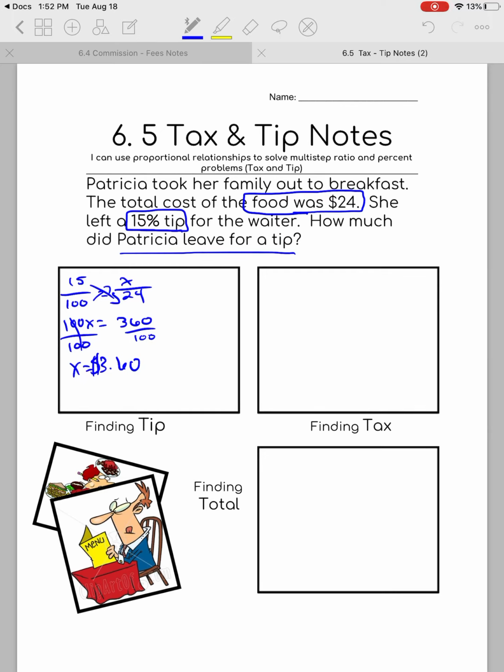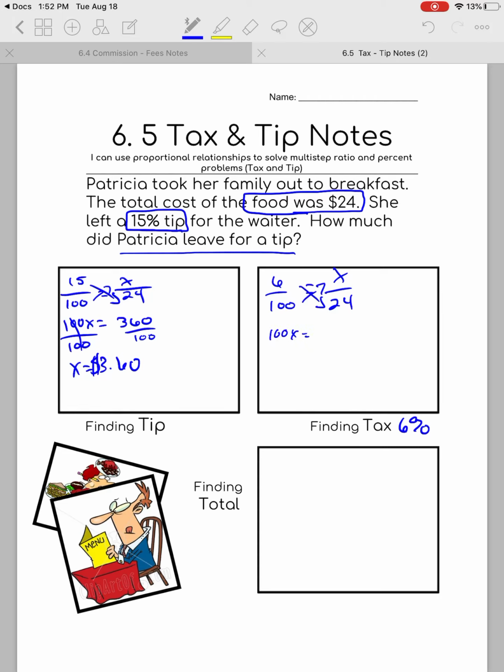Now, can we find the tax? We can. What's the tax for Kentucky? The sales tax for Kentucky is 6%. I'll write that right here, 6%. So, if the tax is 6%, let's find what that is. 6 over 100 is equal to x over 24.